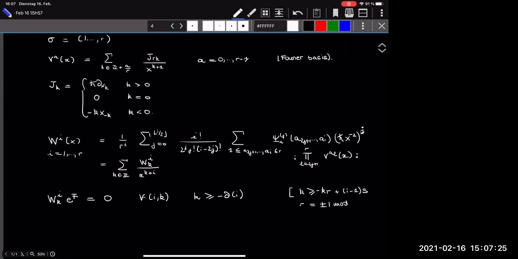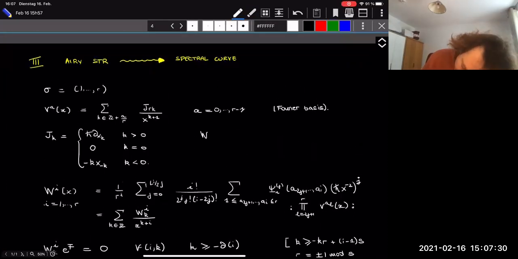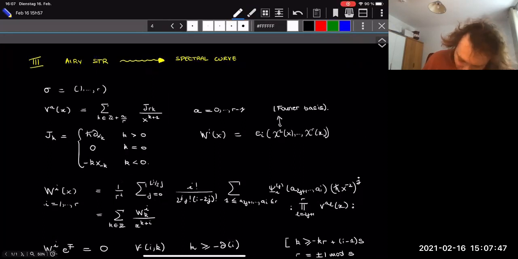Which is the elementary symmetric function here? So W_i(x) was the elementary symmetric function of what I denoted chi_1, up to chi_R. And this chi is obtained by Fourier transform to get to the V_a's.